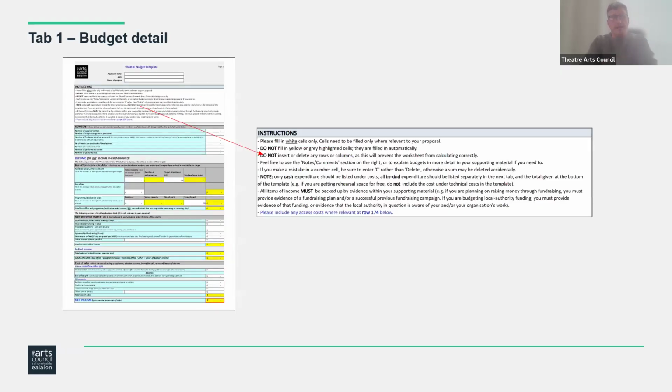So, at the very top of the budget, you'll see there are instructions, and that basically just goes through what to fill in, what not to fill in. So, please fill in the white cells only, and fill in cells that are only relevant to your proposal.